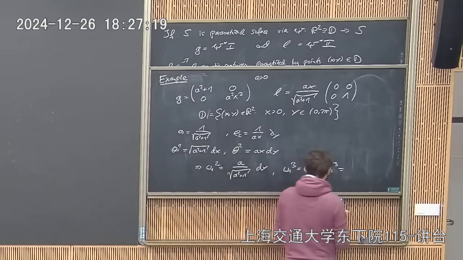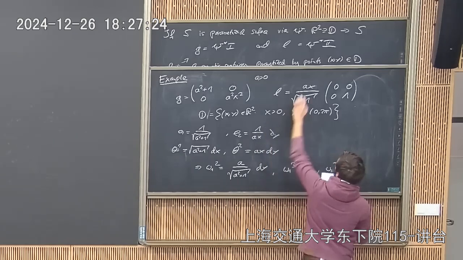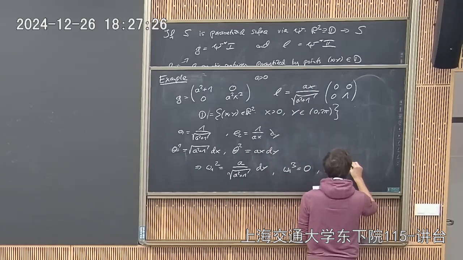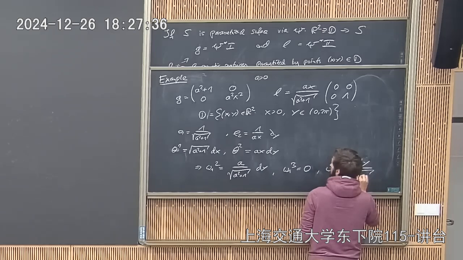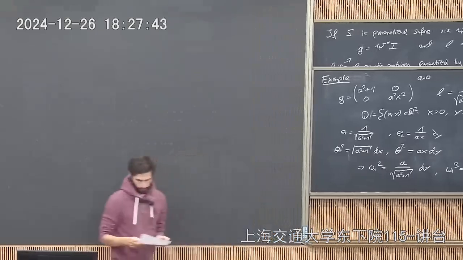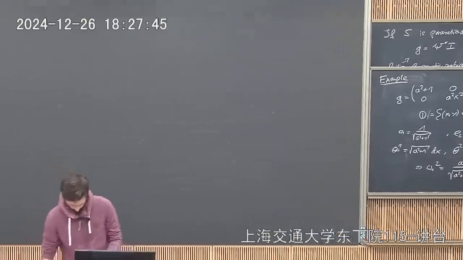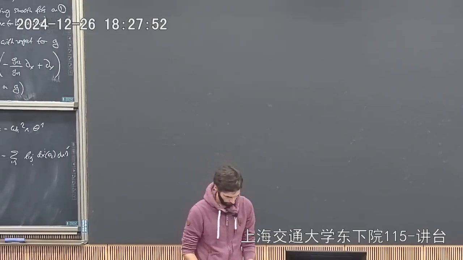So if you write it out, this 1 over x then cancels this 1 over x, so what you end up with is this form, which is dy over the square root of a squared plus 1. So we have our connection forms, at least the local version of that.